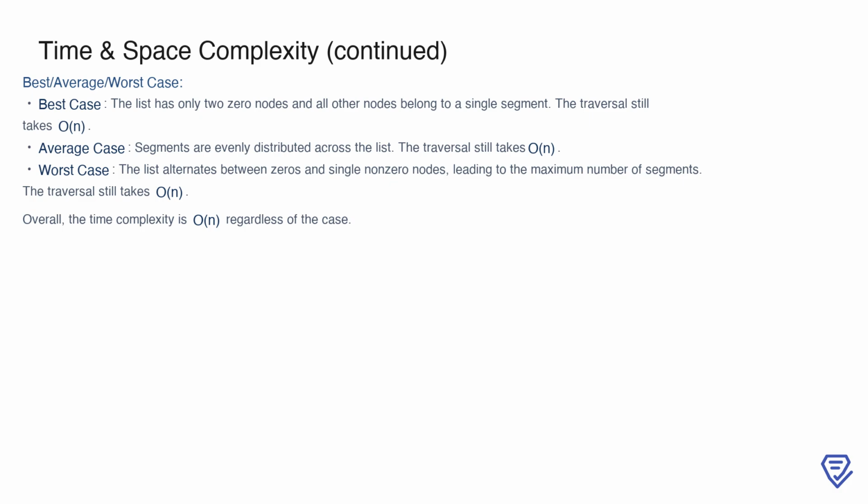In the worst case, the list alternates between zero nodes and single non-zero nodes, leading to the maximum possible number of segments. Even with this, the traversal still requires O(n) time, as each node is visited only once. Thus, regardless of the distribution of zeros and segments, the time complexity of the solution is consistently O(n).